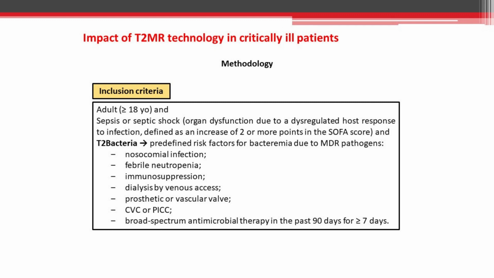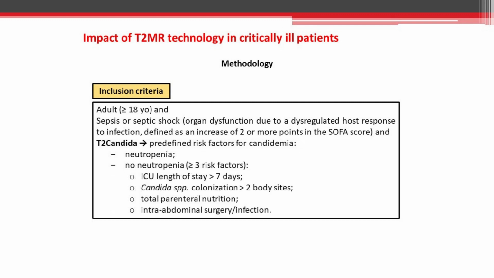Patients who were immunosuppressed, and patients who had medical devices like, for example, dialysis, prosthetic or vascular valves, lines, etc. The last one was broad-spectrum antimicrobial therapy in the past 90 days for at least 7 days.